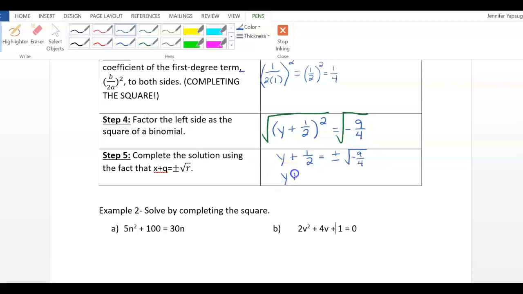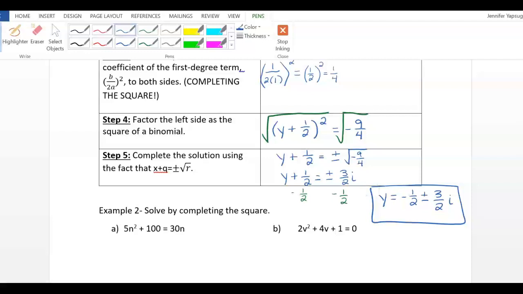So that's y plus 1/2 equals plus or minus 3/2 i. And then I just subtract 1/2 from both sides. And my final result is y equals negative 1/2 plus or minus 3/2 i. And that would be your final answer that you get.